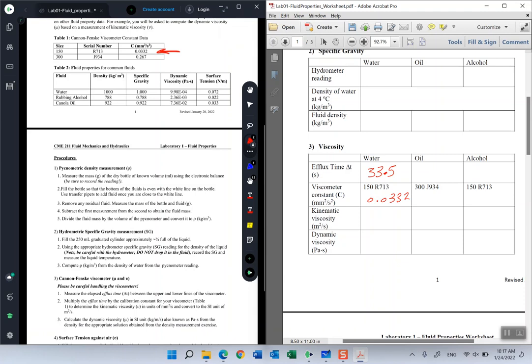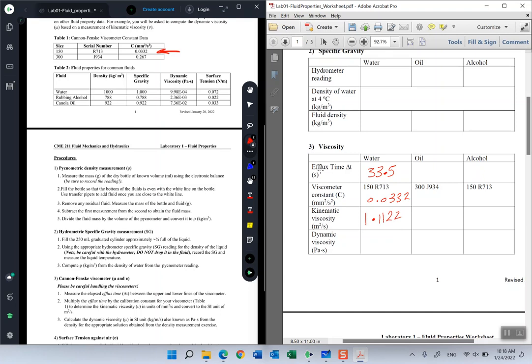So the kinematic viscosity will be 33.5 multiplied by 0.0332, which will result in 1.1122, but keep in mind the units right now, okay?